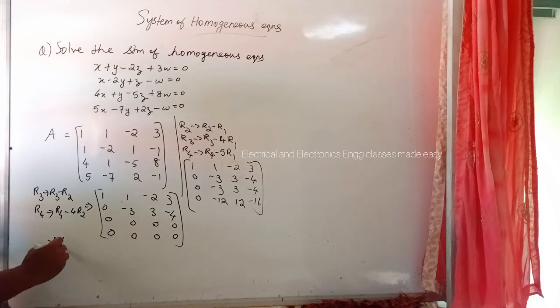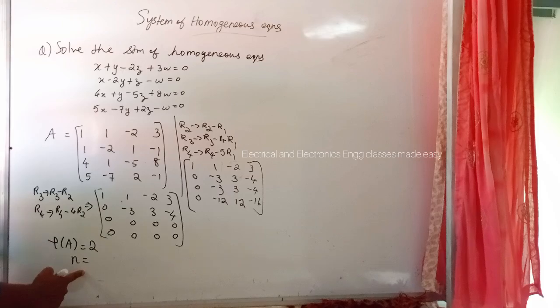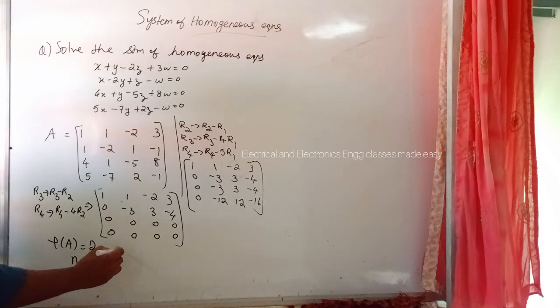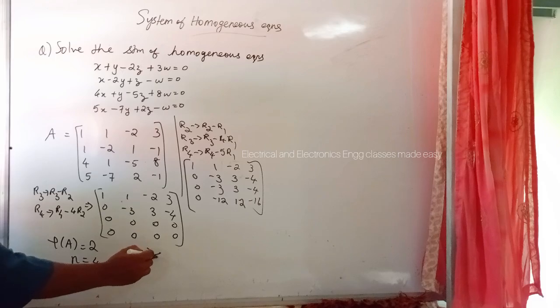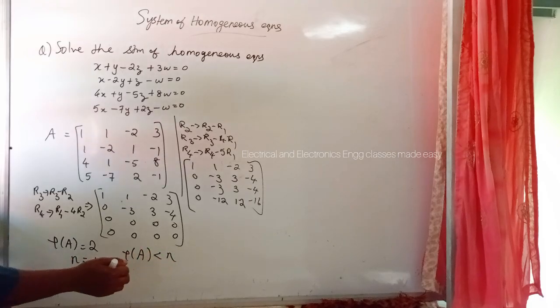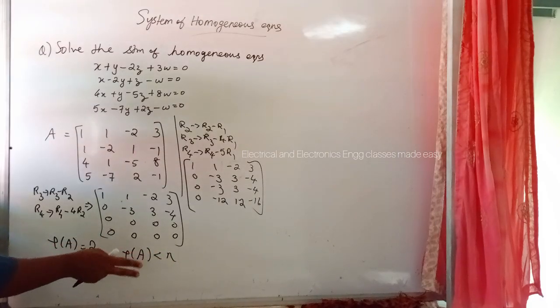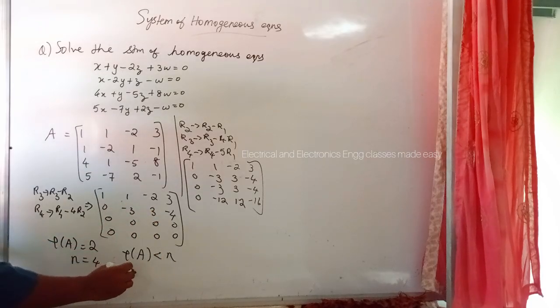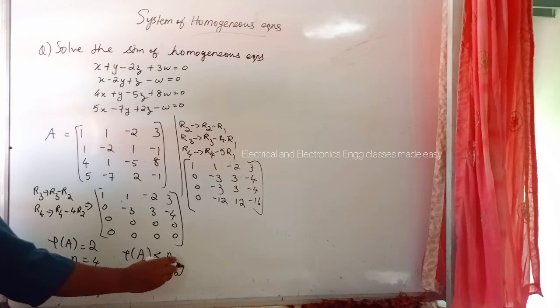So the rank of A is equal to 2, and the number of unknowns, the variables x, y, z and w, is 4. So here the rank of A is less than the number of variables, so there exists a non-trivial solution.